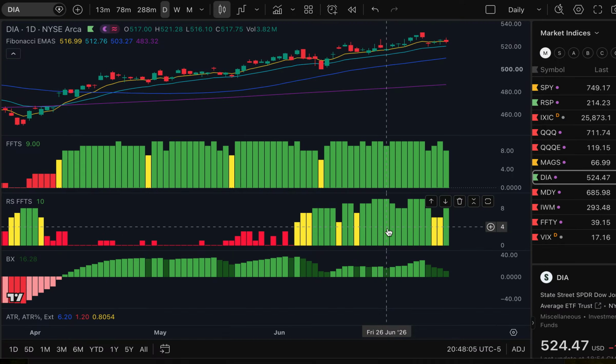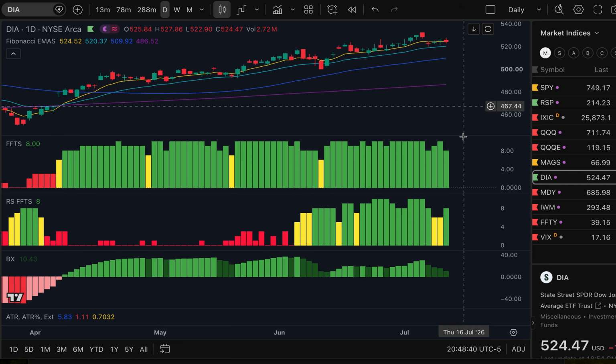The second histogram indicator is also a fast fib trend stack using the same EMAs as the other trend stack, but on the second one it uses the relative strength line, the relative strength compared to SPY, and so you have the relative strength and the 3 EMA of the relative strength, the 8 EMA of the relative strength, and so on. The same moving averages, but using relative strength instead of price.